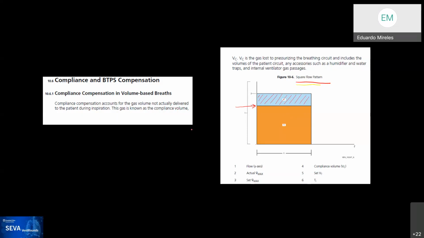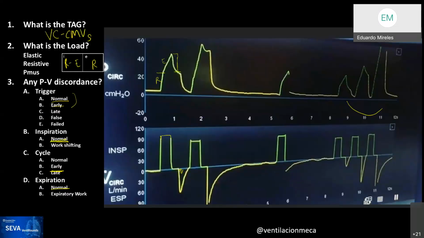So for volume control breaths that this ventilator has, changing the algorithm. So what I think that happens is what you see over here is that it requires this amount of volume. It calculates a certain compliance, and it says the next one is going to need a little bit more, and then the next one a little bit more because the compliance went up.